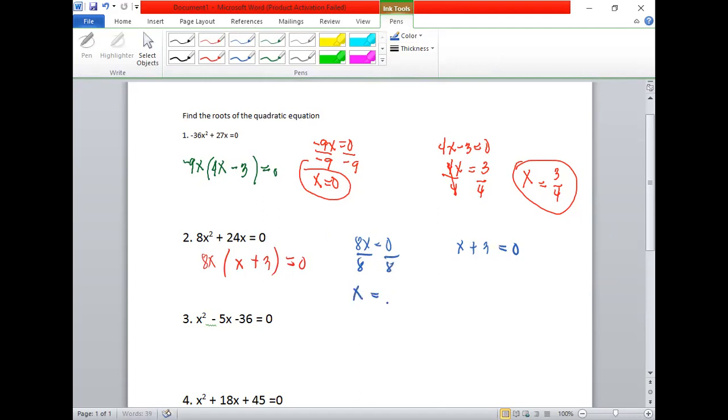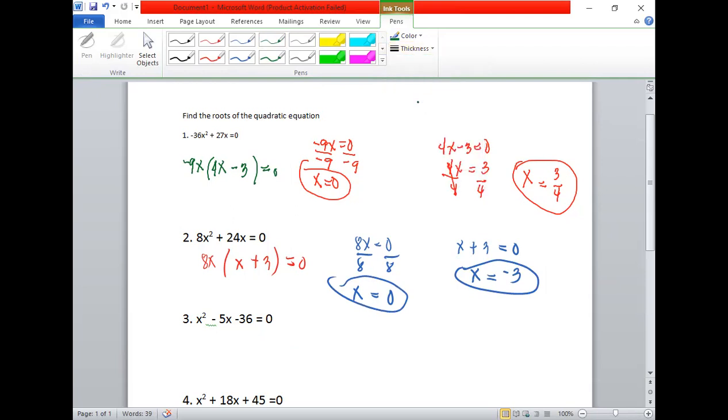X is equal to 0. And then transpose positive 3 to the right side of the equation. X is equal to negative 3. So the roots of the equation are 0 and negative 3. Okay, so now let's proceed to equation number 3.